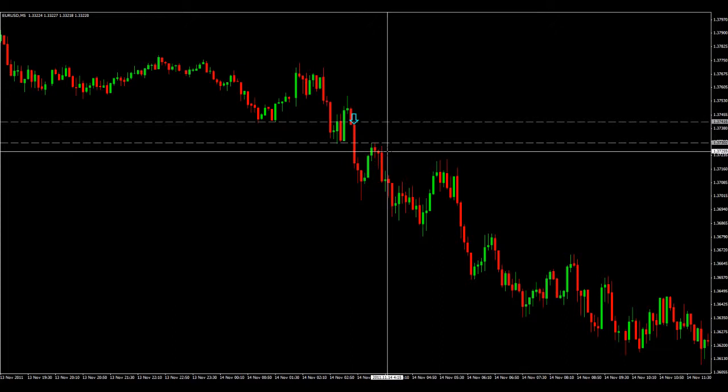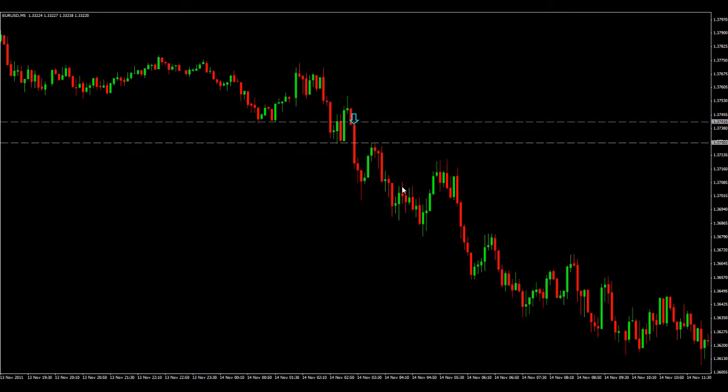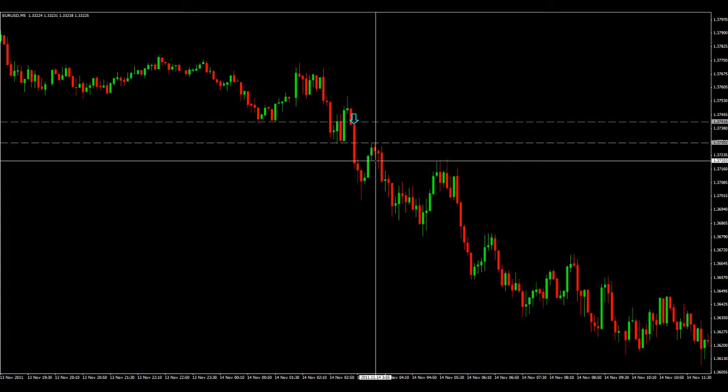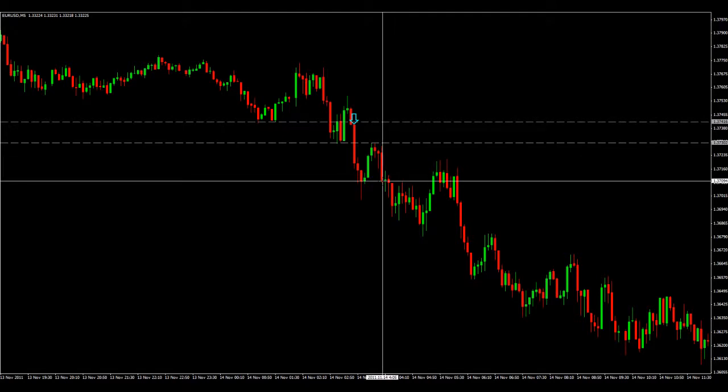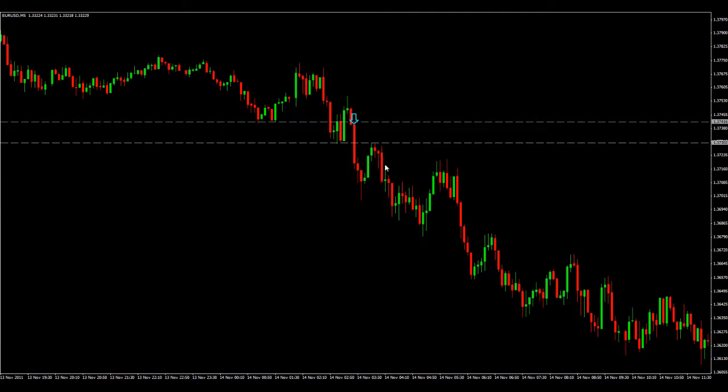Where I would be taking this particular trade is actually down here though, because what I'm waiting for is, if you've seen in my Euro USD strategy video on the 1-minute bars, a close under this particular green bar right here. As soon as that one closes, I'm going to be ready to do a put.